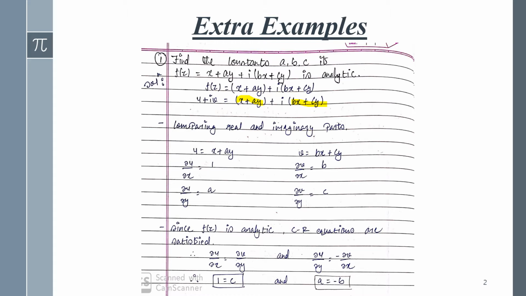So I'm just finding all these components, and since it's given analytic, the CR conditions will be satisfied, so we can write these equations, right? Now you just put the values of these separate components, and definitely you can find the values: 1 equals c and a equals minus b.